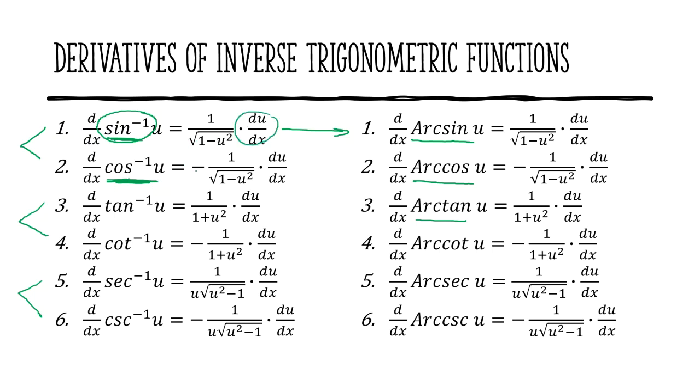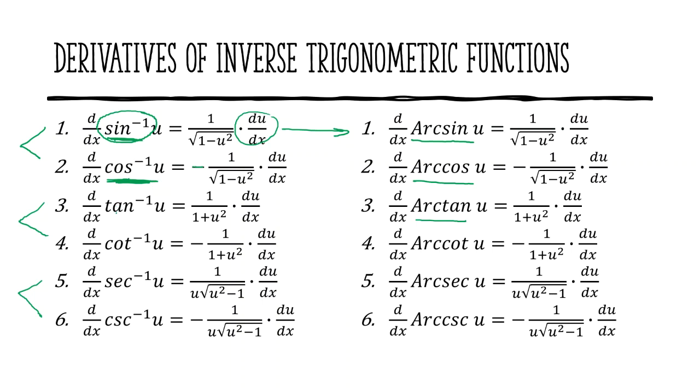But for the cosine, we will just be negating the sign. So that will be negative 1 all over square root of 1 minus u squared times du over dx. So it would be easier to familiarize and to memorize because for sine and cosine, you just have to negate the sign for the cosine.